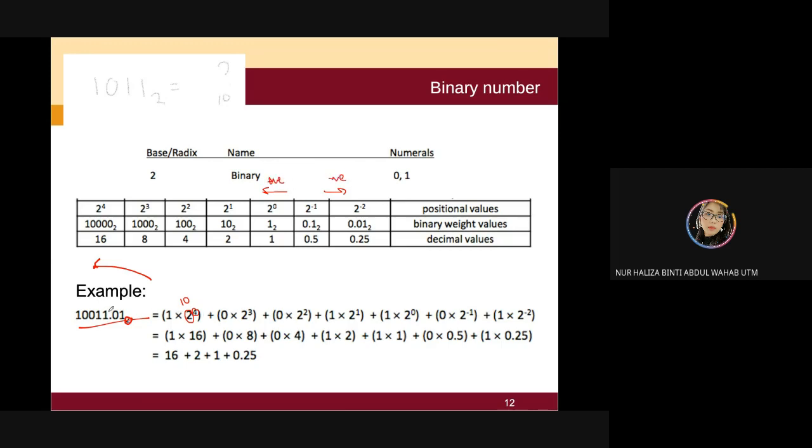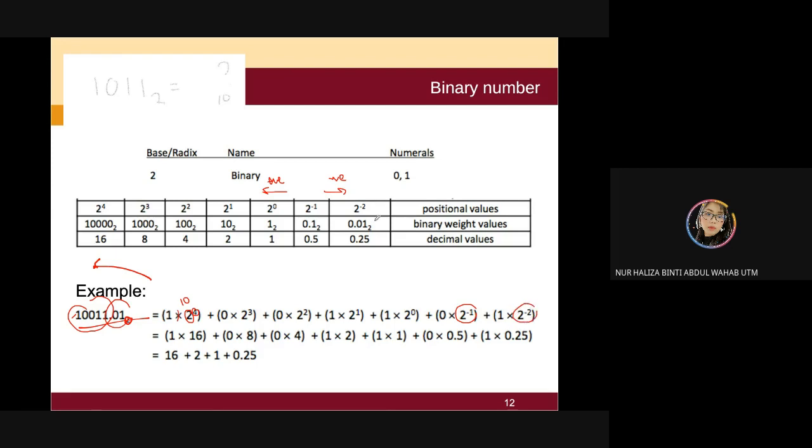And you will multiply like this: 1 multiplied with 2 to the power of 4, 0 multiplied with to the power of 3, 0 multiplied with to the power of 2, 1 multiplied with to the power of 1, plus 1 multiplied with 2 to the power of 0. You can see this over here for your integer part. Now for your fraction part, it will continue with 0 multiplied with 2 to the power of minus 1, and then 1 multiplied with 2 to the power of minus 2.